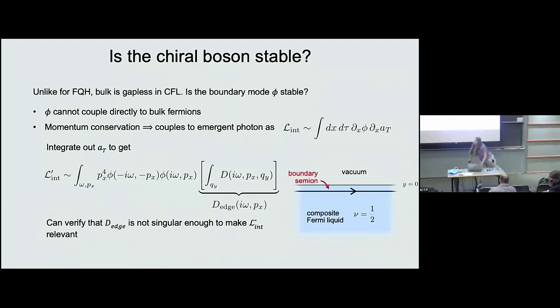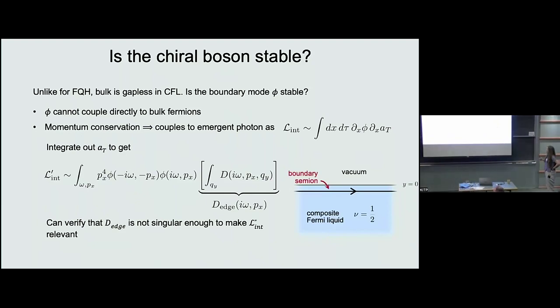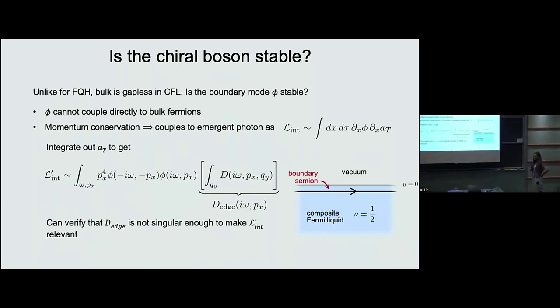So you can think about this coupling as being coupling to the density through the flux attachment condition. Assuming that this is the only propagating piece, that the time component, the scalar part, has been screened as well.